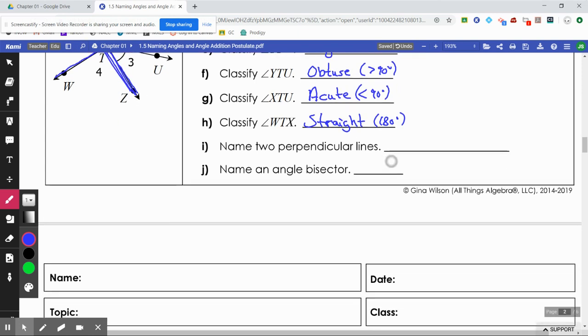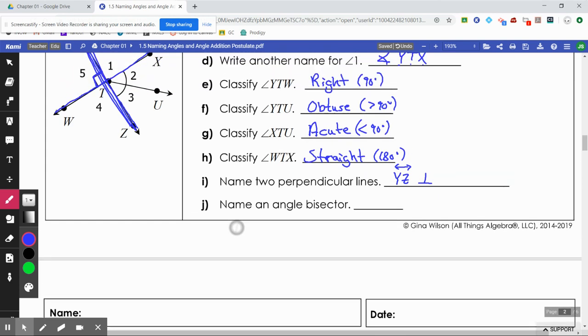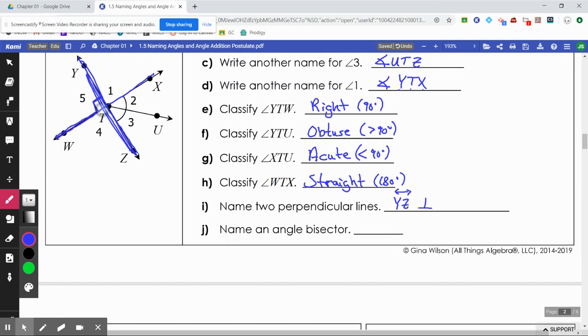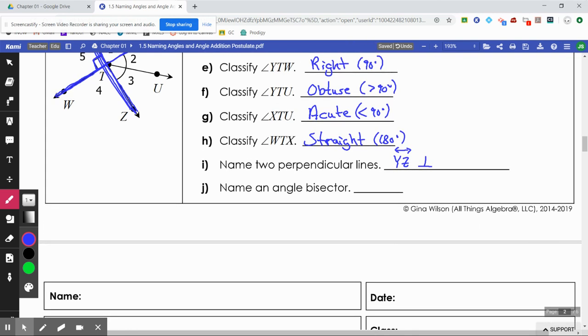I'm going to name it Y and Z, which are the outermost points. So line YZ is perpendicular to this line, which you can again say WT, WX, XT, XW. We'll use W and X. So those are my perpendicular lines, and I even use my perpendicular notation.